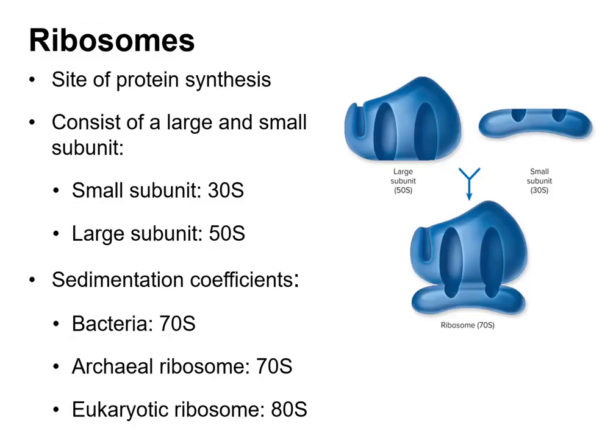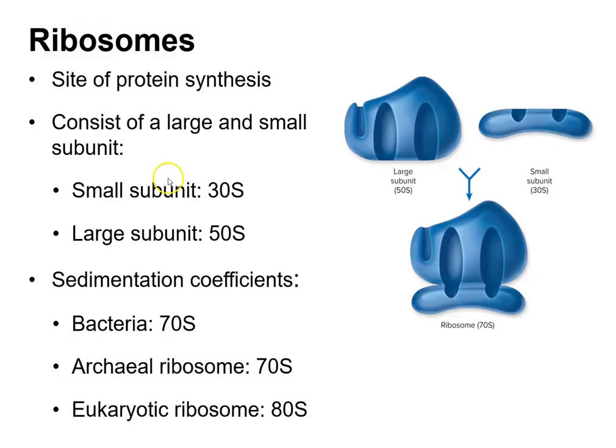So we measure the sedimentation rate using what we call Svedberg units. That's what the S stands for when we're looking at this 30S or 50S. Prokaryotic ribosomes, just like eukaryotic ribosomes, are made up of a large subunit and a small subunit.